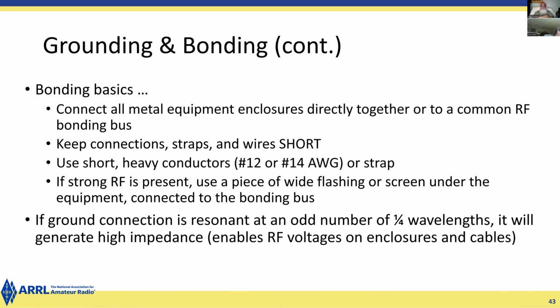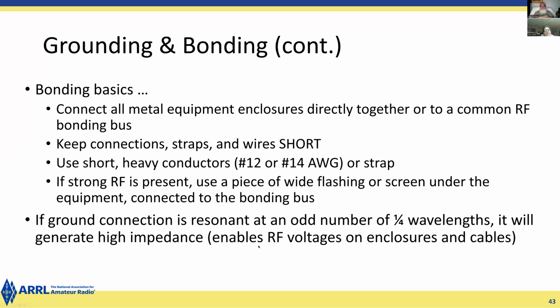And you also have to watch out if the ground connection to earth ground or to the common point ground is an odd number of quarter wavelengths of the frequency you're operating on. It won't act as a conductor.